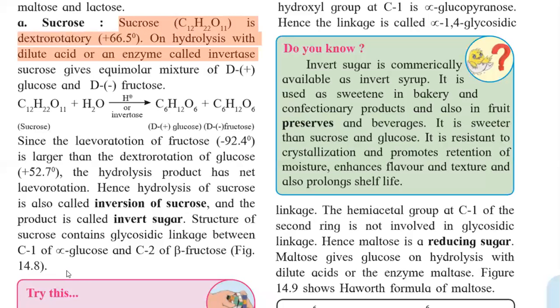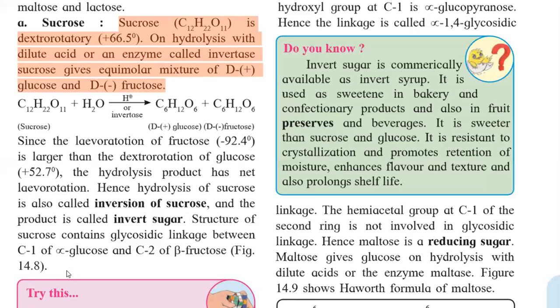On hydrolysis with dilute acid or the enzyme invertase, sucrose gives an equimolar mixture of D plus glucose and D minus fructose.